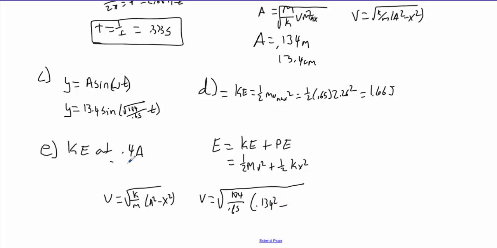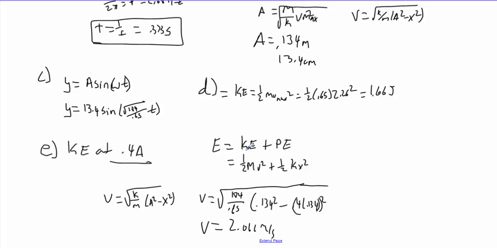Well, at 0.4A, so this is 0.4 times 0.134, and this whole quantity gets squared, and that'll give me its velocity. So 0.134 squared minus 0.4 times 0.134 squared, and then multiply that by 184, divide it by 0.65, raise it to the 1/2 power, and I get a velocity v equals 2.066 meters per second.